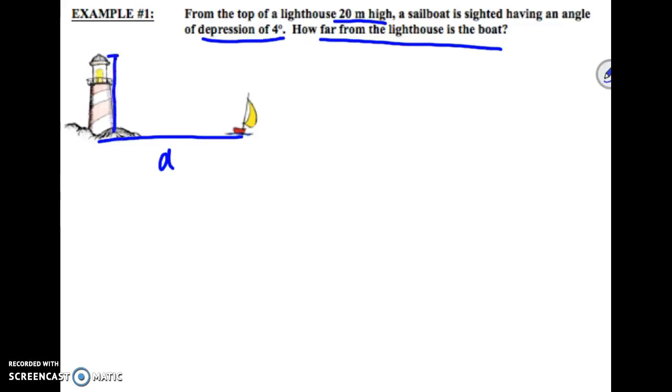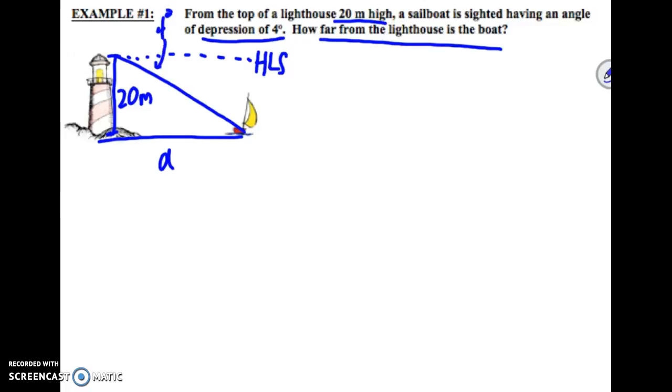So information we know is that the lighthouse is 20 meters high, and we know from the top of the lighthouse to the bottom of the boat, there's an angle of depression of 4 degrees. So I need to draw in my horizontal line of sight, HLS for short. So I know that this degree measure right here is 4 degrees.